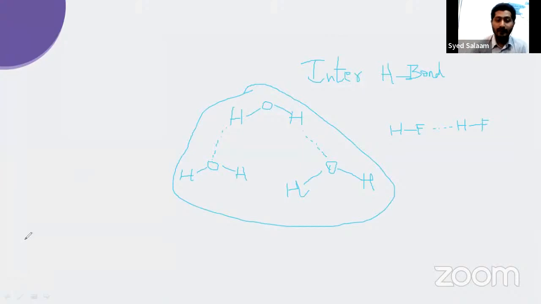Similarly, there is another type of hydrogen bonding, that is intra. Intra means when, within a single molecule itself, there is an interaction. That is called intramolecular hydrogen bonding.